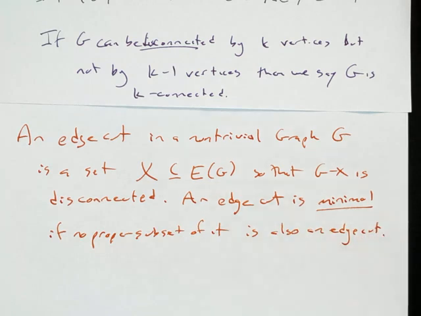Between vertex cuts, minimum edge cut, minimum vertex cut. The vertex cut plus number of vertices I get. I don't have a minimum edge cut, I have a minimal one. Different. This says no proper subset of the thing I am currently looking at is also a cut.